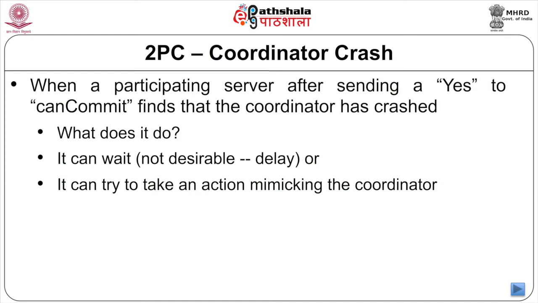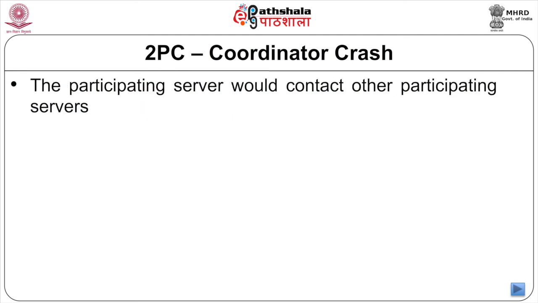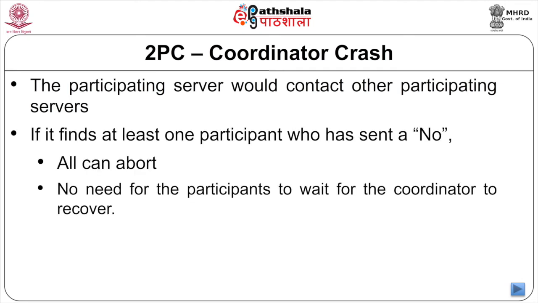Let us look at the other part where it is trying to mimic the coordinator's actions. Then it will contact other participating servers. If it finds at least one participating server which has sent a no, it aborts all the work.